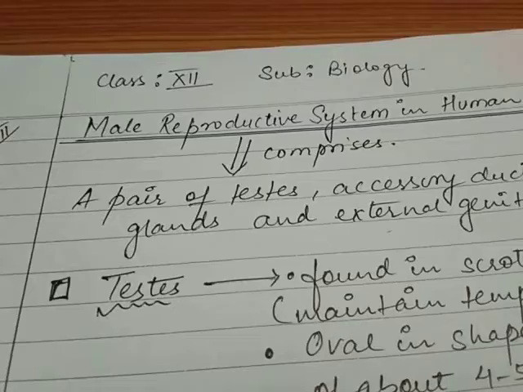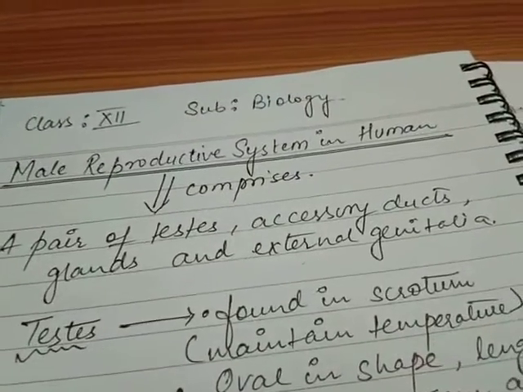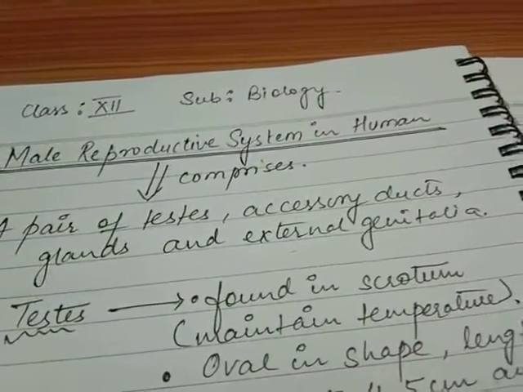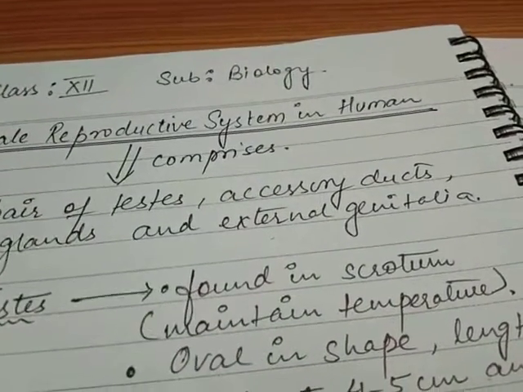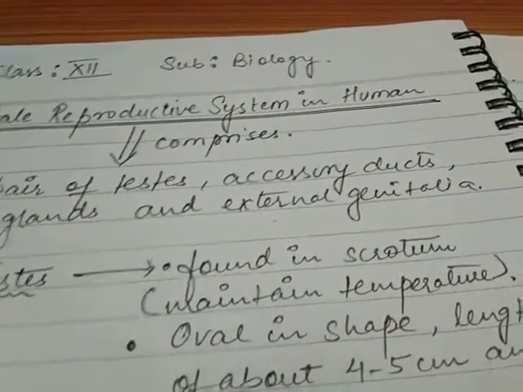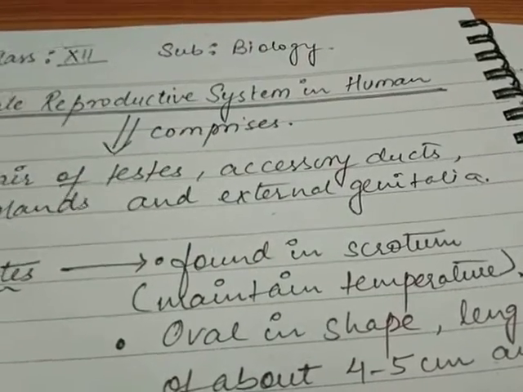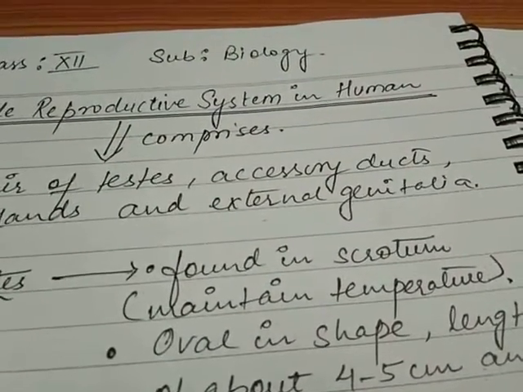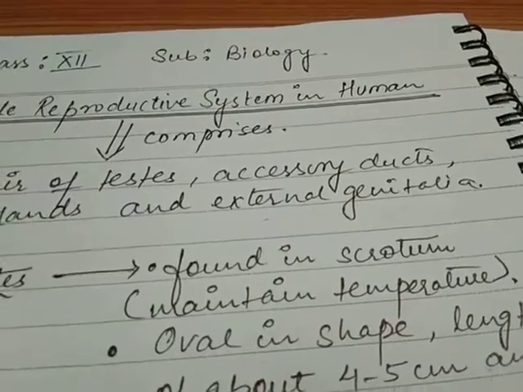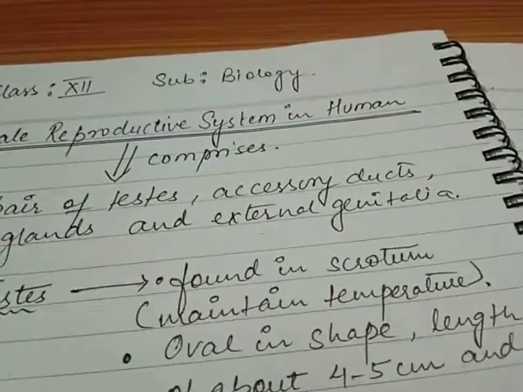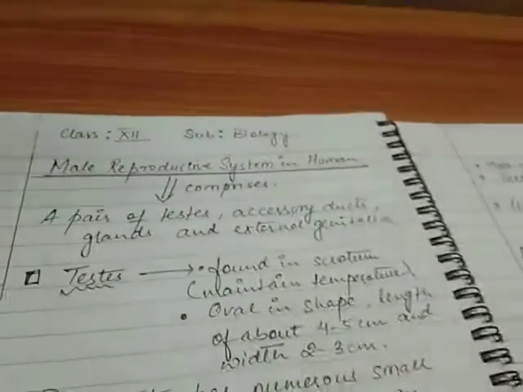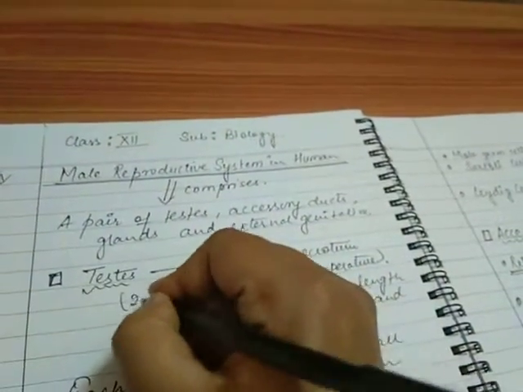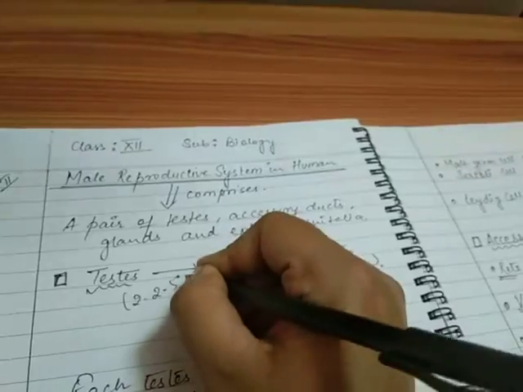Testes are usually found in the scrotum. This scrotum is nothing but a sac-like structure which is found in the abdominal cavity of the human male. The main function of the scrotum or the scrotal sac is to maintain the temperature. This temperature range is usually 2 to 2.5 degrees Celsius.